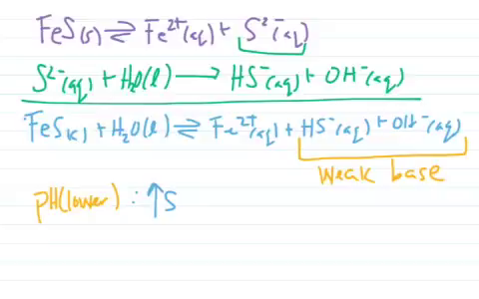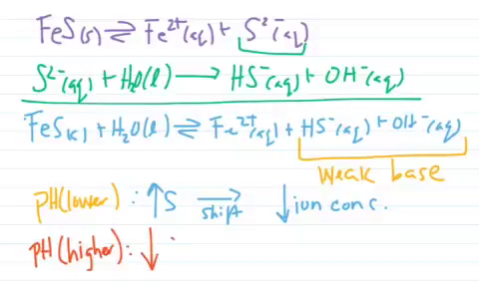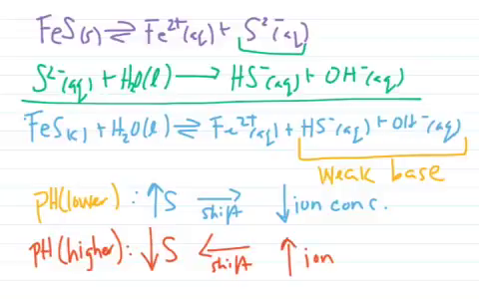We are shifting to the right, and our ion concentration is decreasing. Now, if we have a pH that's higher, so we're adding in more, let's say, hydroxide, our solubility is going down. We're shifting to the left, and our ion concentration is increasing.